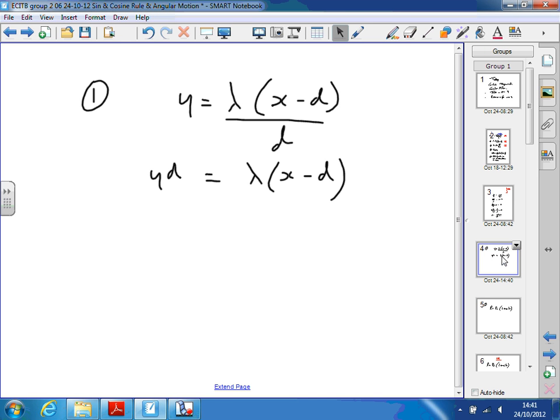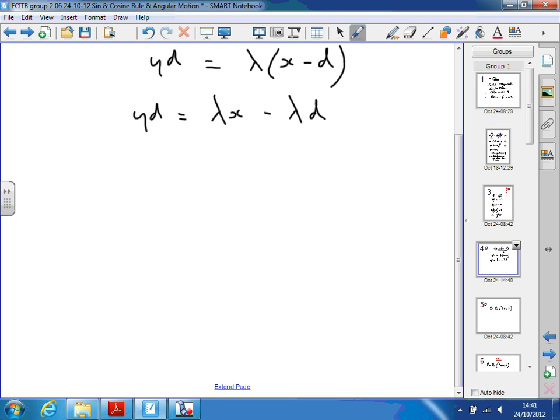What I would do now is multiply out the brackets on the right-hand side. So I'd get y d equals lambda x minus lambda d. Multiplying both of those terms in the brackets by lambda. Now I get all terms involving d on the same side. So I add lambda d to both sides.